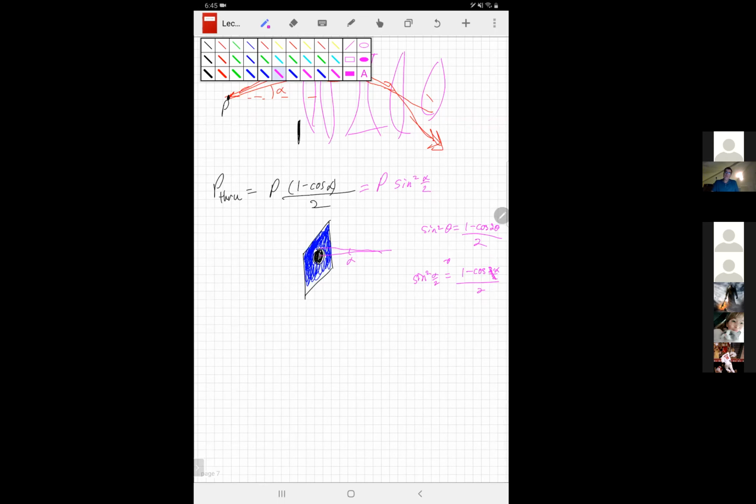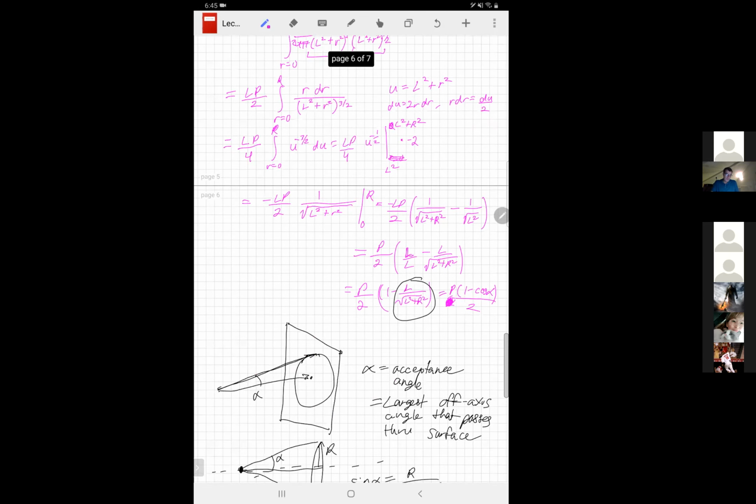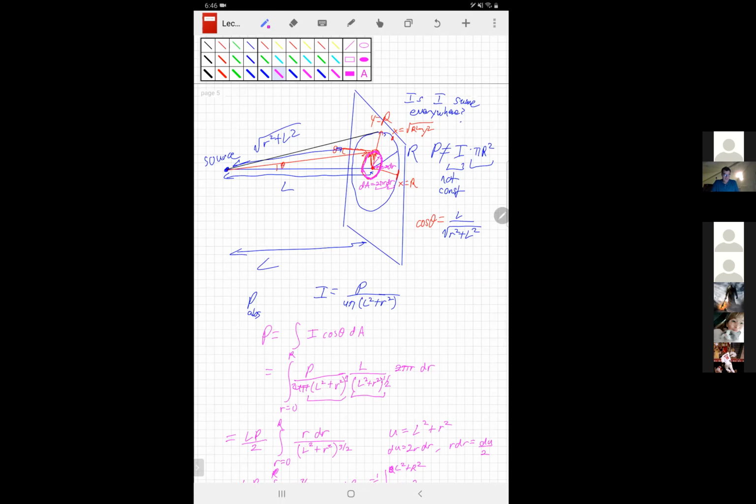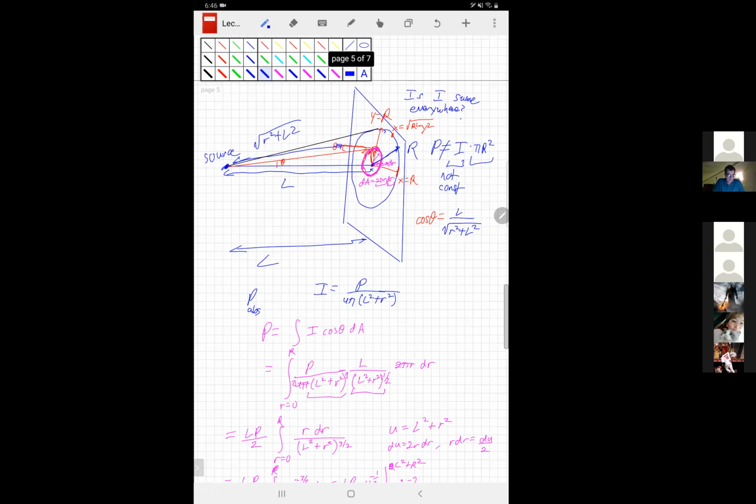Here's an interesting thing about this point source. We started off with a geometry that had a bunch of lengths and radii on it. We had a point source that was whatever distance away from our surface, which might be the front surface of a lens, it might be a semiconductor detector, it might be a fiber optic cable opening, it might be whatever. We start off with this distance and a radius, and said we're only going to worry about rays that enter anywhere between the center and a distance big R away from the center.